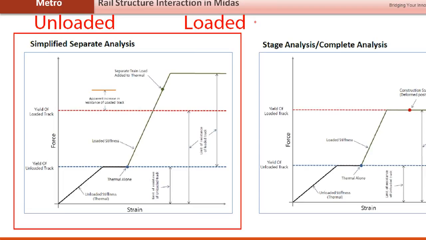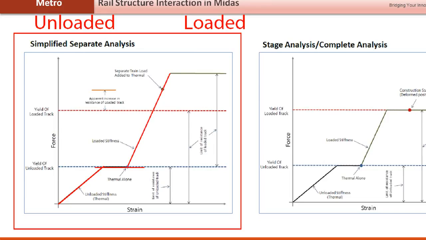Now in a separate analysis, we consider the unloaded stiffness separately. Initially, from the starting point, it follows the unloaded stiffness graph and reaches the thermal alone point, where only temperature stresses are activated. After this, we consider the initial condition of the bridge again, and then we apply the train loading separately.